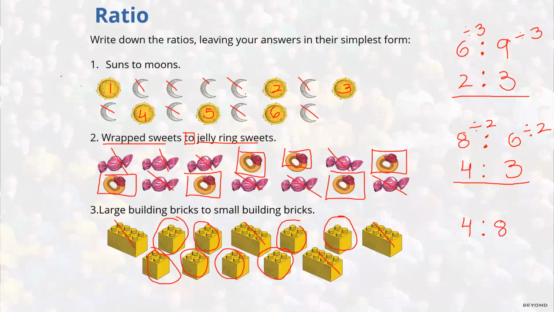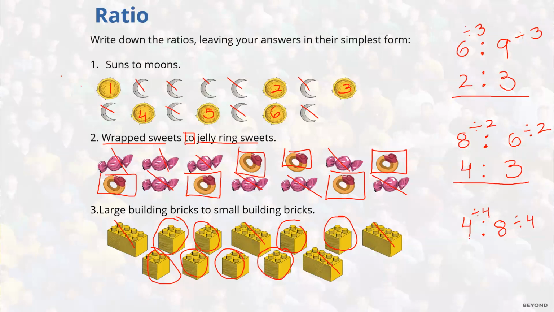All right, good. What number goes into 4 and 8? 2. Remember, we're going to use the highest one. What's the highest number that goes into 4 and 8? The highest is 4. So we're going to use 4. So 4 divided by 4 and 8 divided by 4.